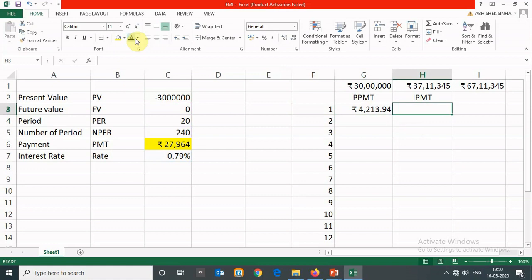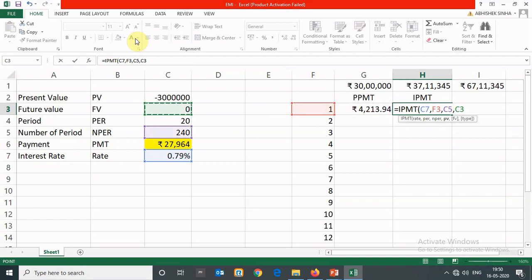Okay, in the same way we will calculate the interest payment. So IPMT, comma rate is this, comma PER is this, comma NPER is this, and the present value is this, and then the future value is this.